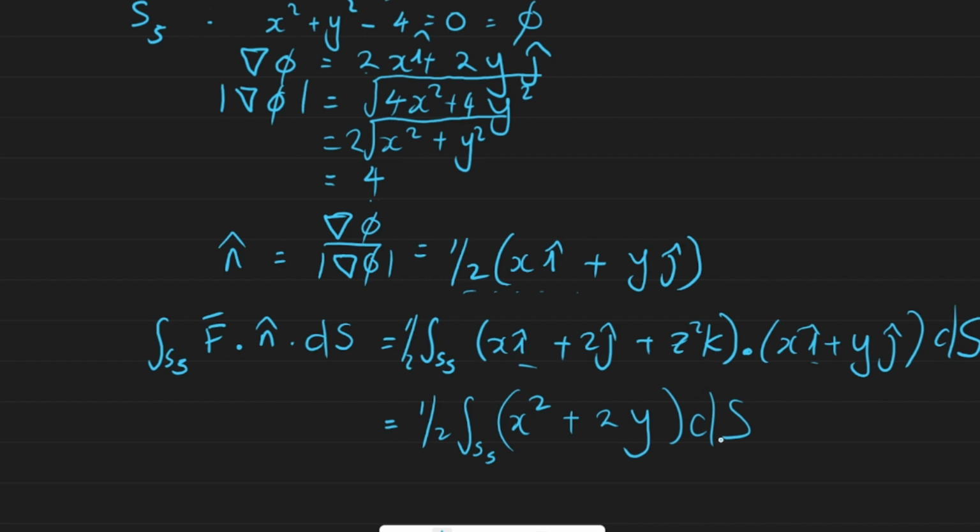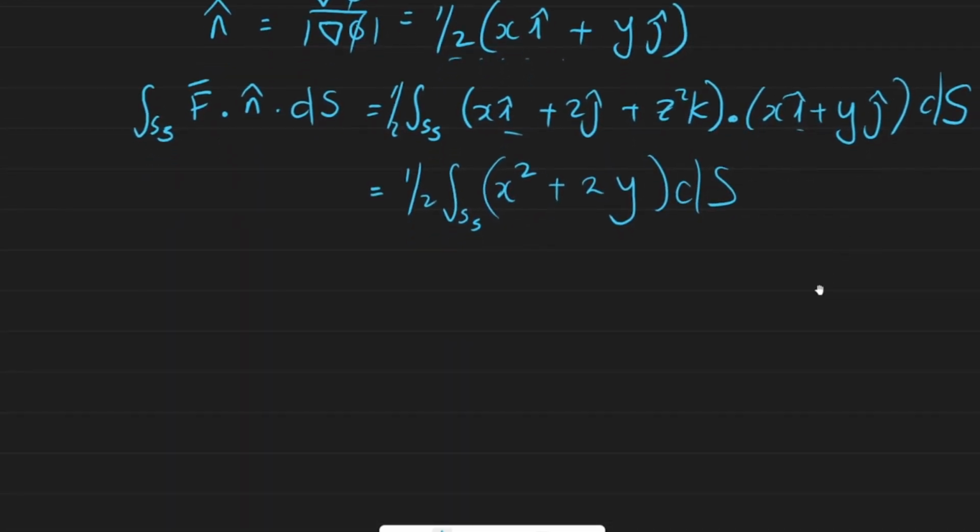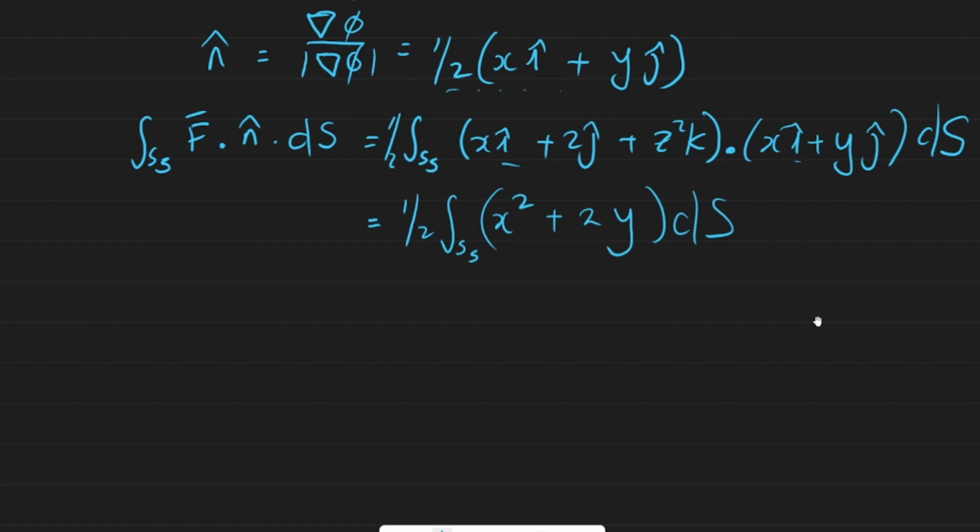So since we're integrating along the surface, we will use the same method that we had done in the previous example on surface integrals, so please refer to that video to remember how we did that integration. But essentially we'll use cylindrical coordinates again, where y is equal to 2 sine theta and x is equal to 2 cos theta.